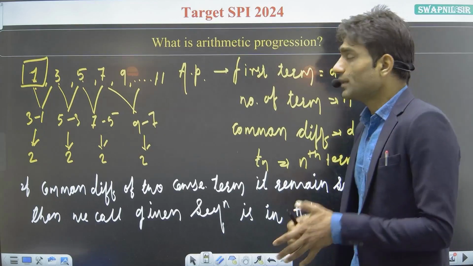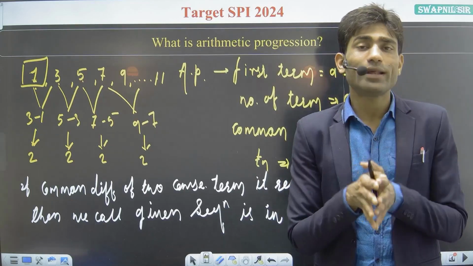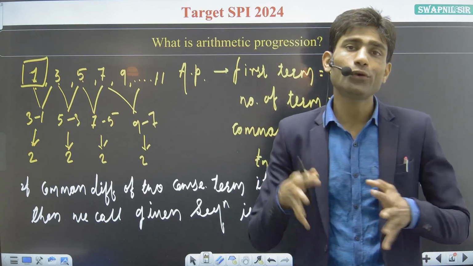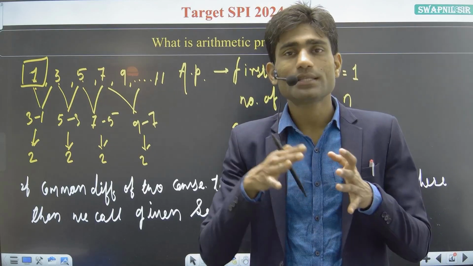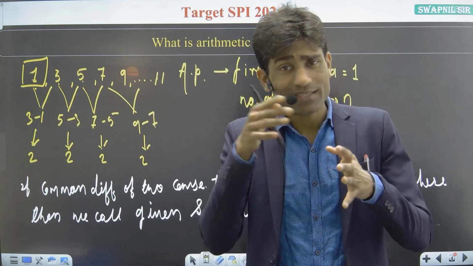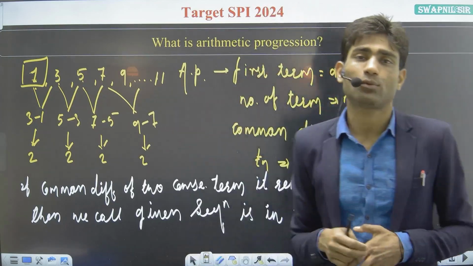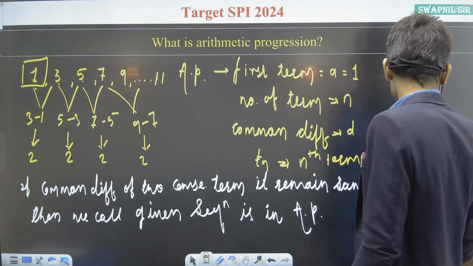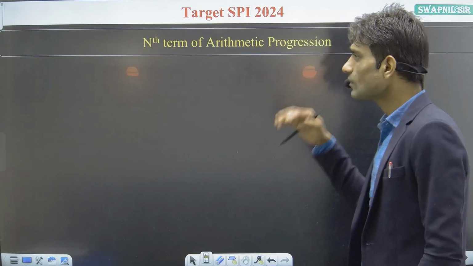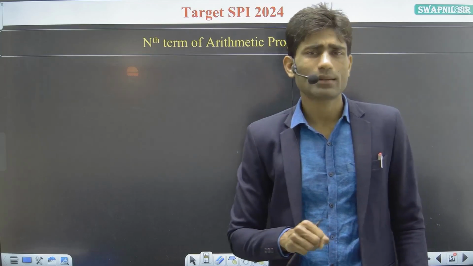Now using our arithmetic progression, we have to define the nth term and the sum of all n terms of an arithmetic progression. We are going to see that in the later part. Now in our next slide, I will explain the nth term of arithmetic progression.